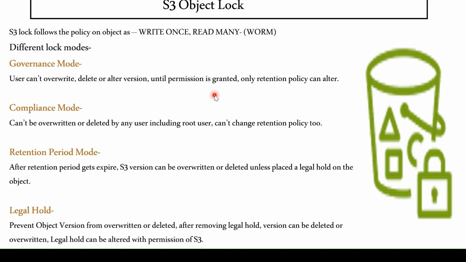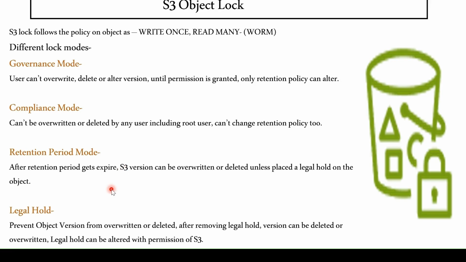So we need to take the appropriate permissions, but we can only modify the retention policy. Now in compliance mode, a user can't overwrite or delete, including the root user, and we cannot even change the retention policy in compliance mode.